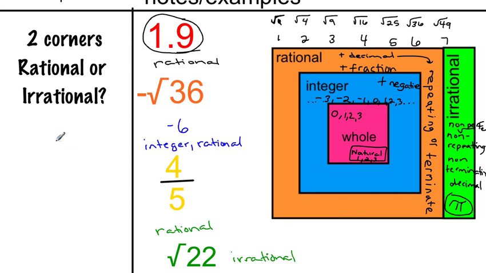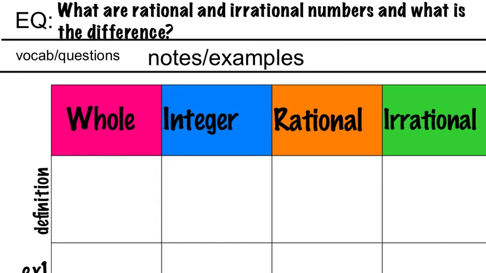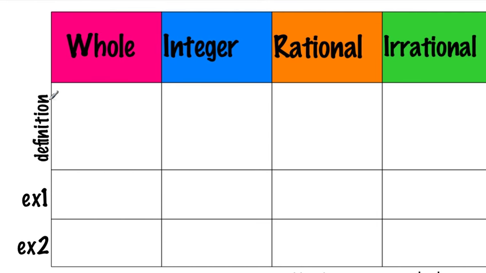So let's think of some other examples. What are some other examples of rational and irrational numbers that we could use? And I really like this sheet right here because it makes us think of some. Definition of a whole number: I could easily say that it's my counting numbers and 0. And for my integers, I can say that it's my whole numbers and negatives.